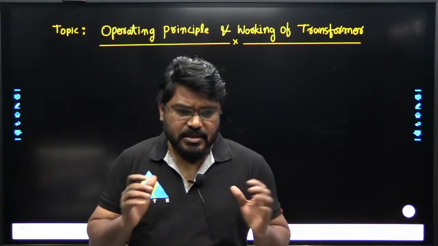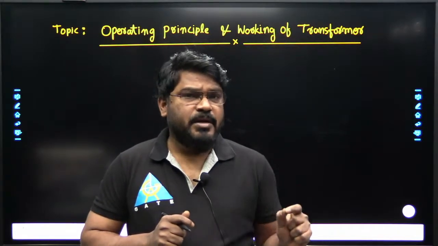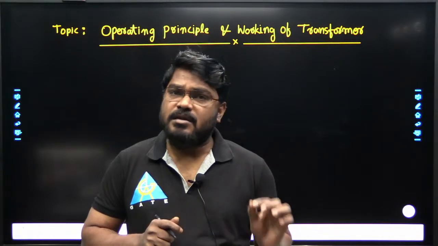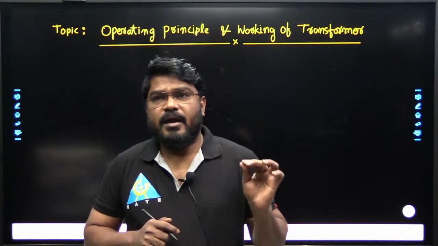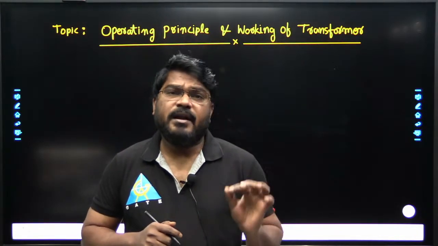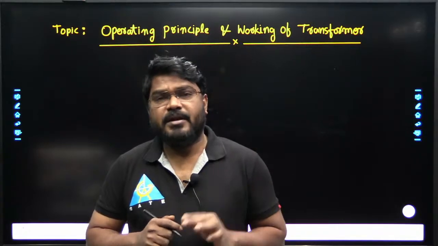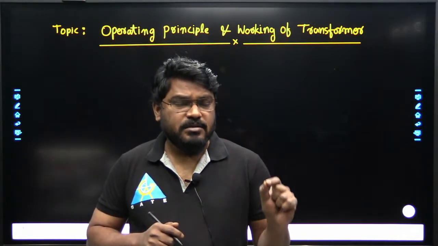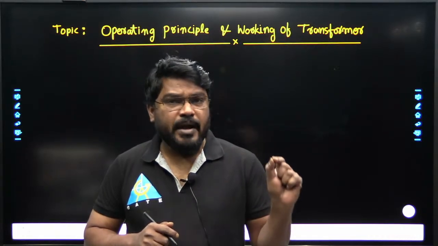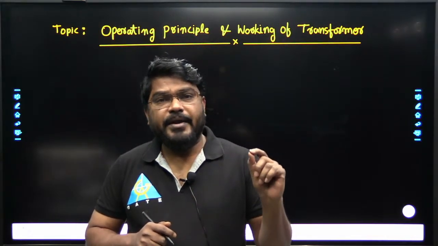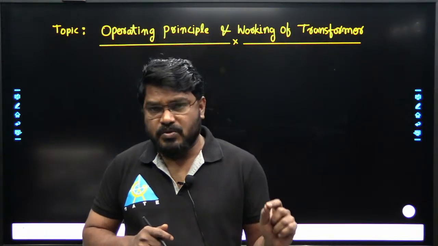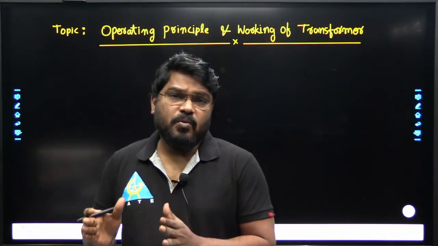And what are the features of the transformer? Transformer is a constant power device, constant frequency device, constant flux device, and also a 180-degree phase shifting device. That means the EMF induced in the transformer opposes the applied voltage by 180 degrees. That means the phase difference between the applied voltage and induced EMF is equal to 180 degrees.